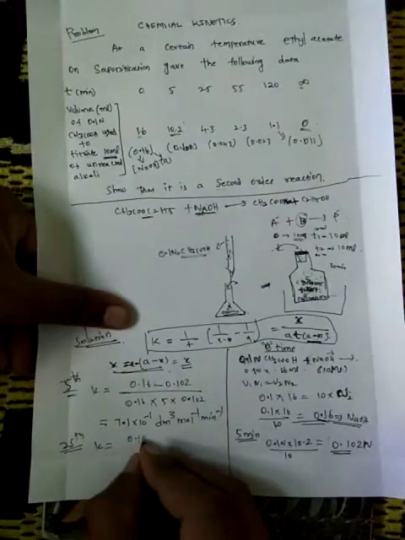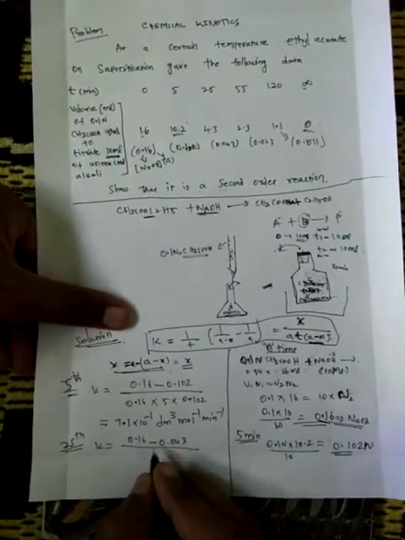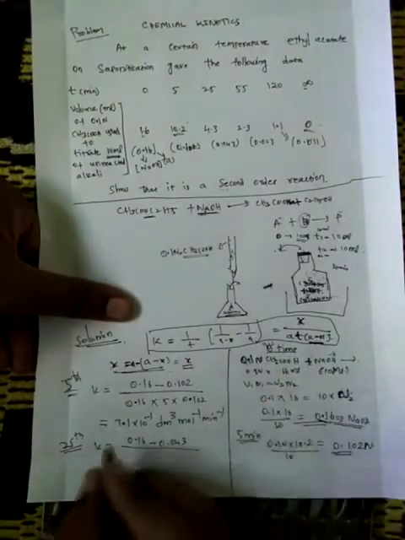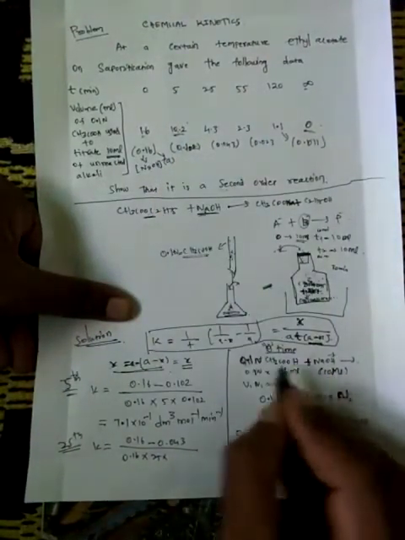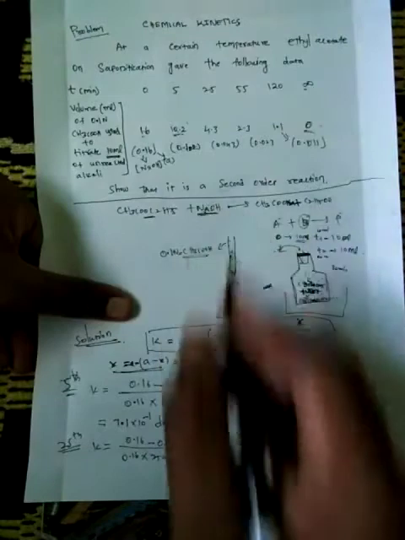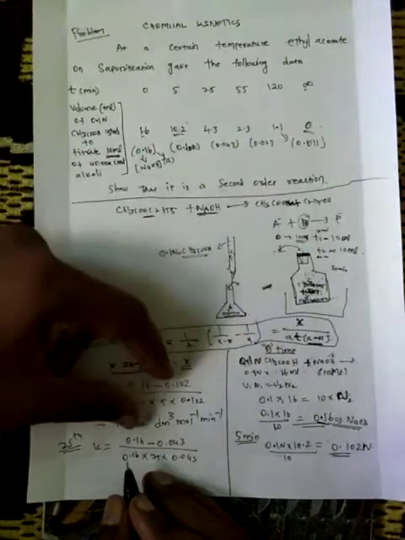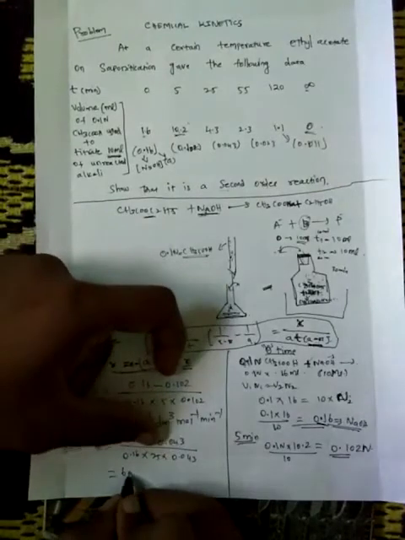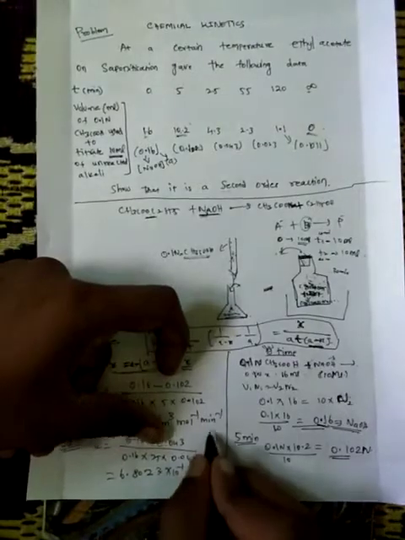Therefore 0.16 minus 0.043, divided by A, 0.16, into time, the 25th minute, and A minus x is 0.043. If I work it out, I will get 6.8023 into 10 power minus 1. The same unit.